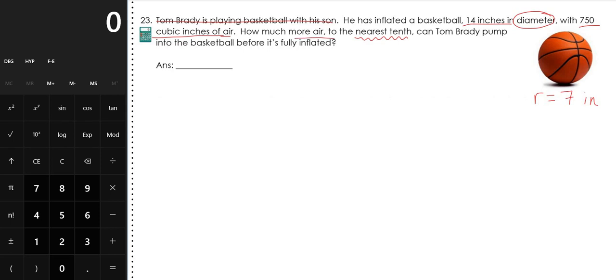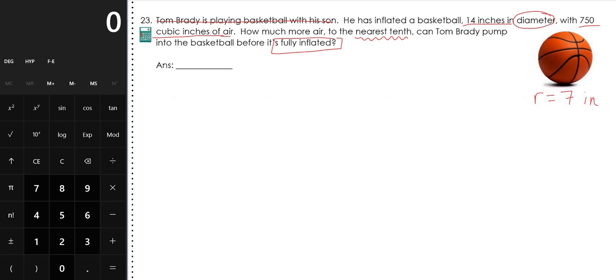So fully inflated, meaning the full volume of the sphere, which that's what the basketball is, it's a sphere, the full volume is not 750. So what we need to think about is, well, what is the full volume? Because right now he only put 750 cubic inches in.